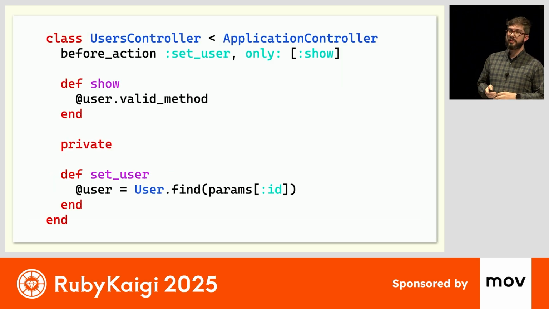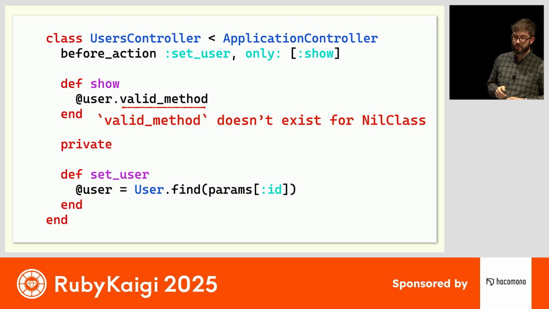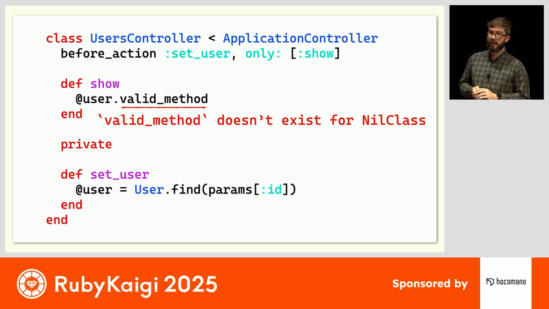And in the case of instance variables that are not initialized in an object's constructor, so for example, in this case, where the instance variable user is always set by set_user and not in an initialize method, it is common, for example, if you're using Sorbet, to see errors related to the type checker thinking that the instance variable may be nil, because it may indeed be nil if you just create a new instance of the users controller class.